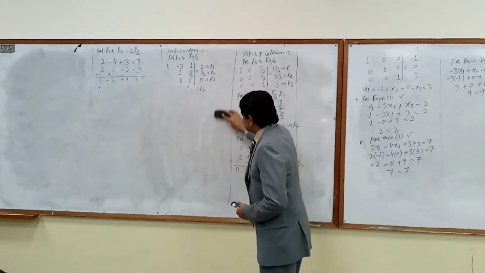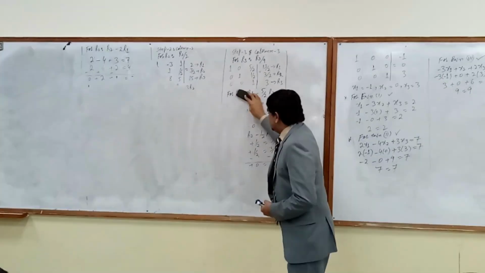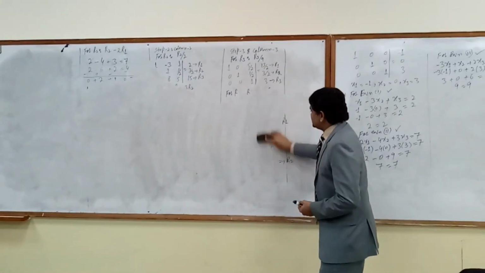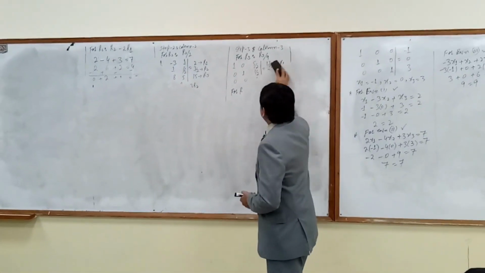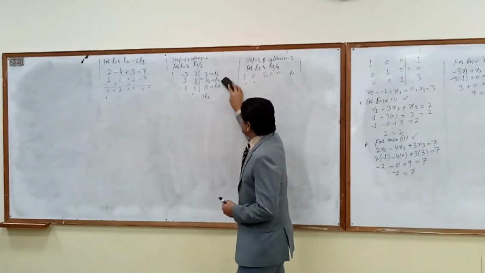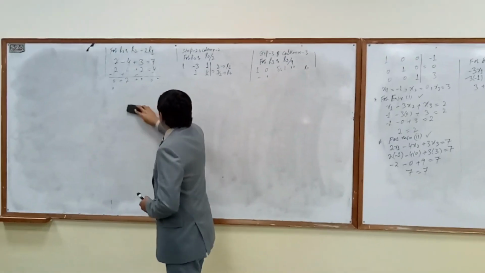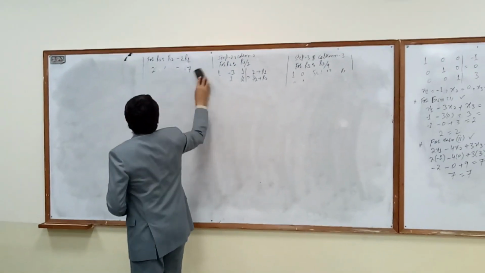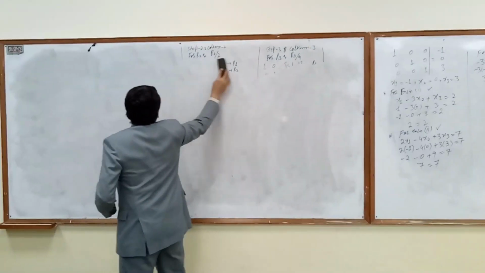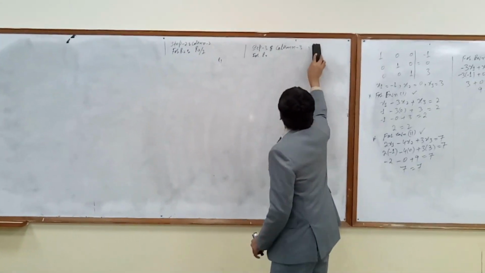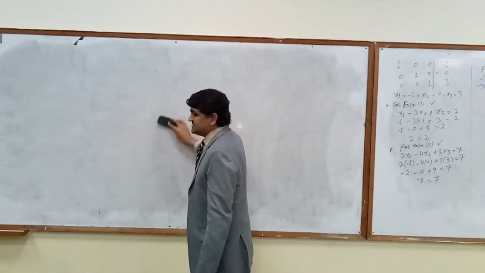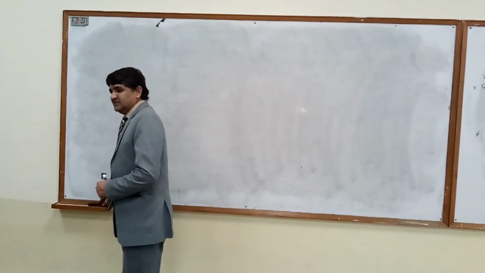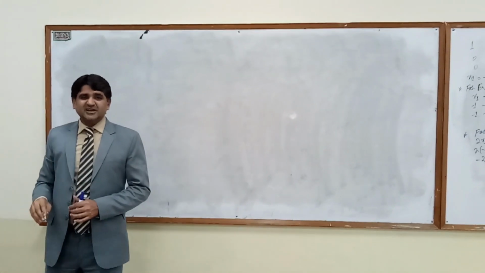Some of the questions have 2 rows and 3 columns, and some have 3 rows and 3 columns. We have discussed that if rows are less than n, there might be no solution or infinite solutions.